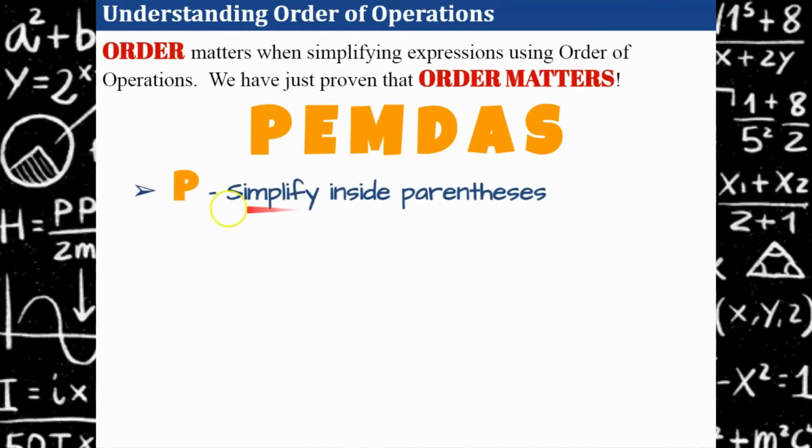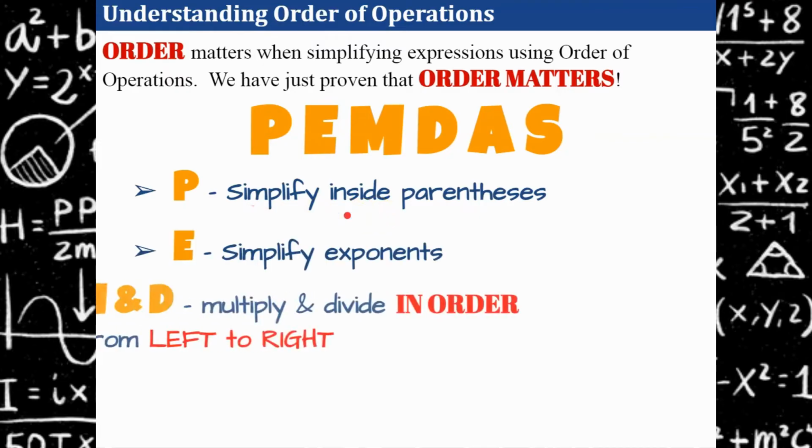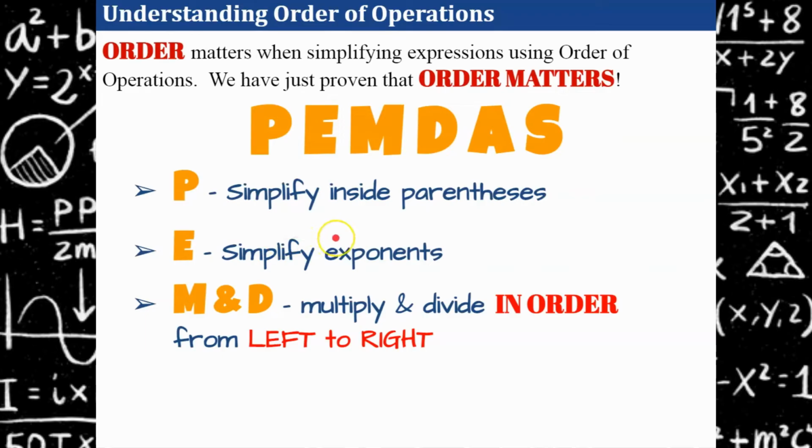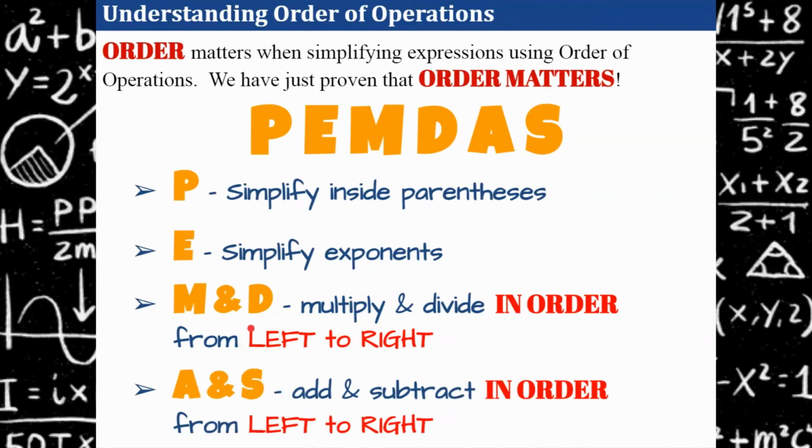It's an acronym. P stands for first, simplify inside the parentheses. E, simplify the exponents. M and D go together, multiply and divide in order from left to right. And then A and S, add and subtract in order from left to right.